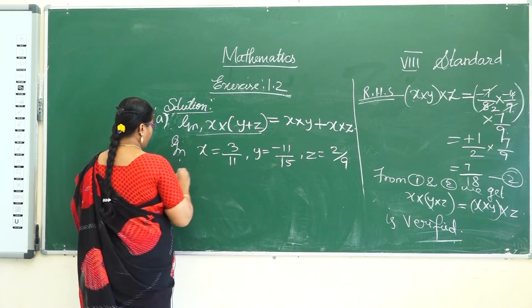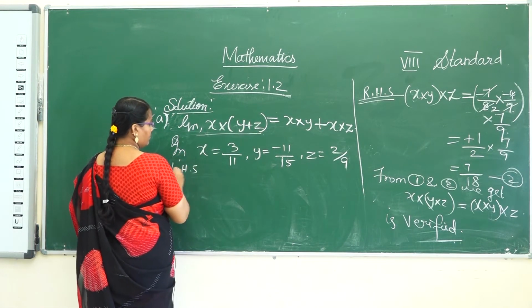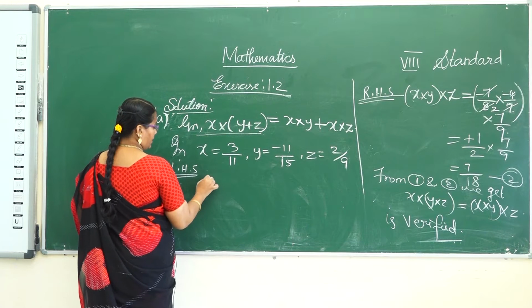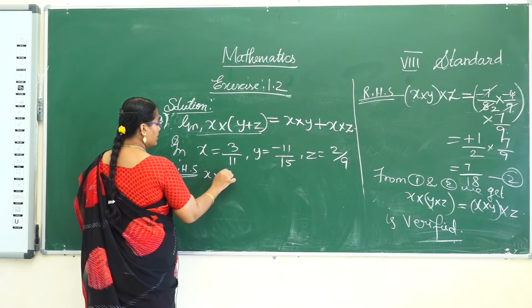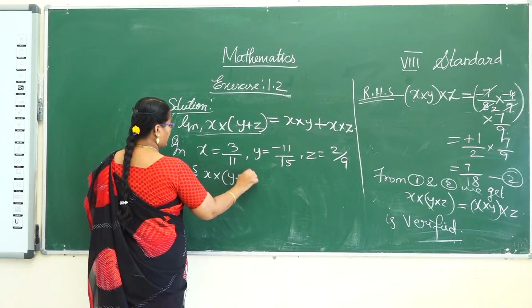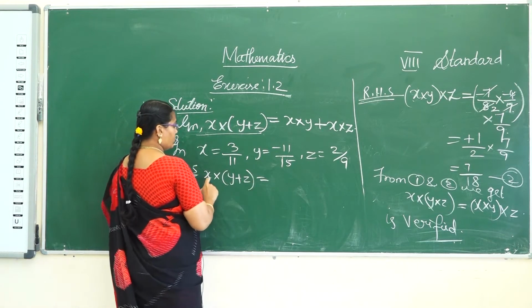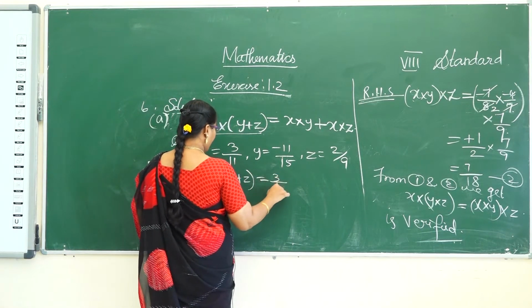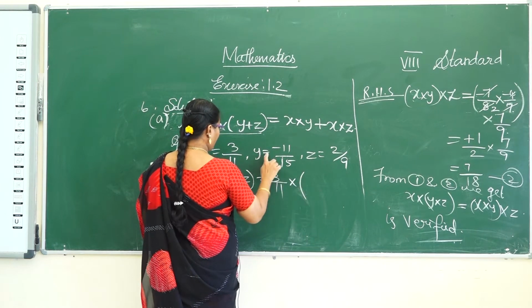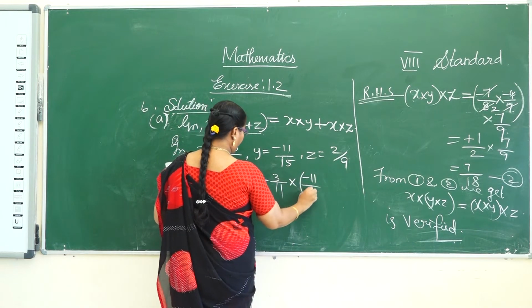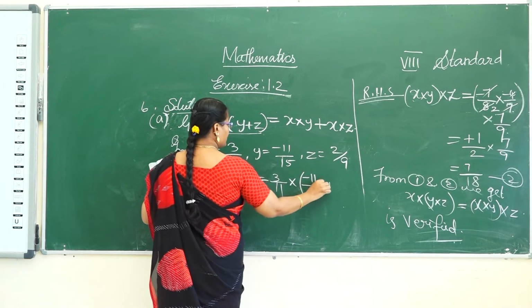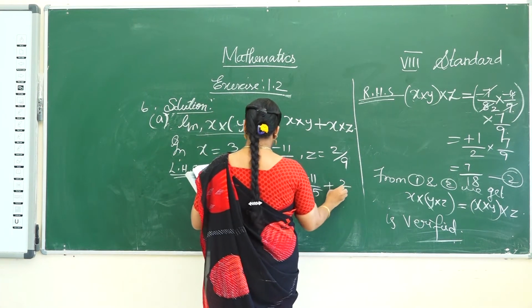So as usual, consider the left hand side: x into y plus z. Substitute the values in place of x: 3 by 11 into y value minus 11 by 15 plus z value 2 by 9.